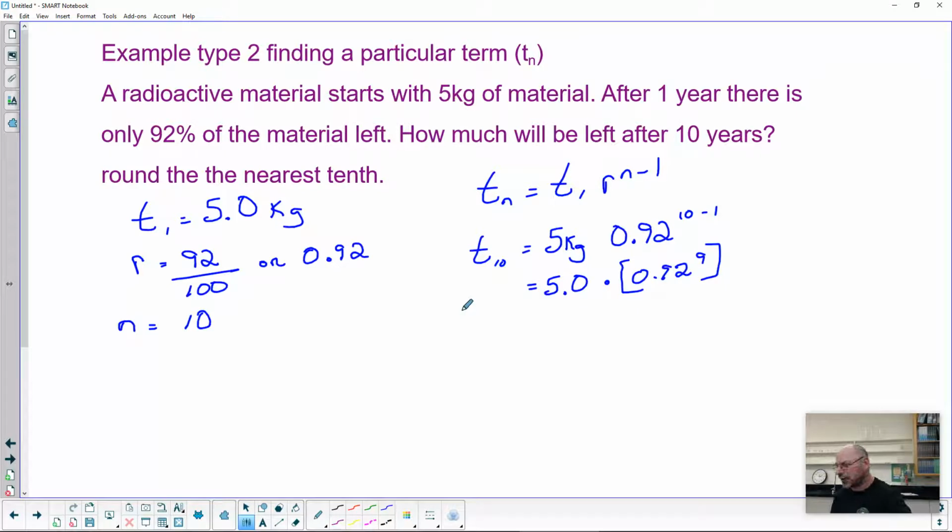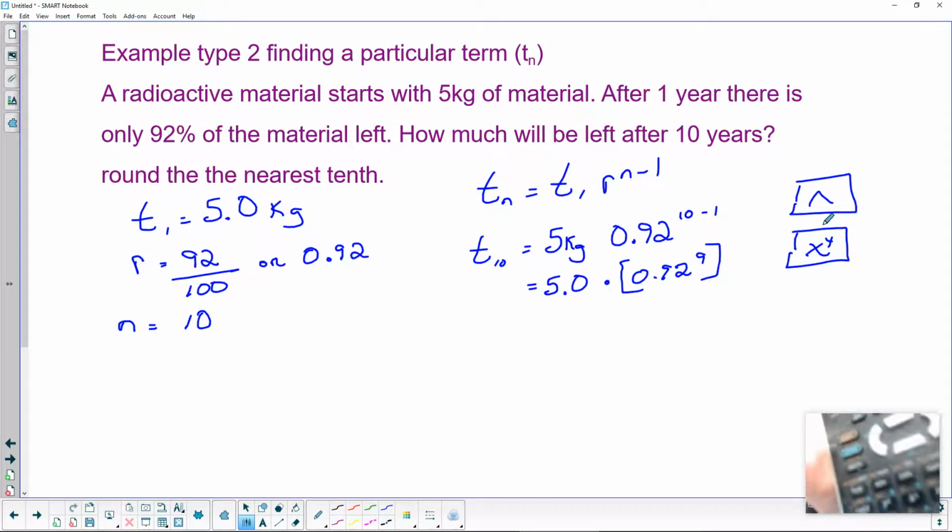So you've got to take your calculator out, and you can use the raising to a power button, which on some calculators will look like this, and on other calculators it'll look like this, or y to the x. On mine it is right there, y to the x.